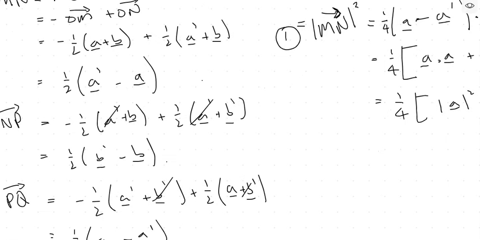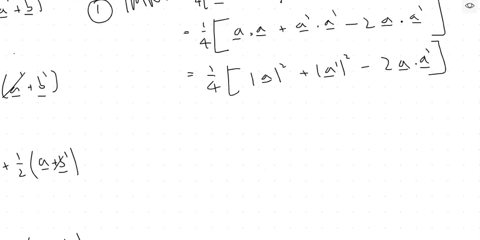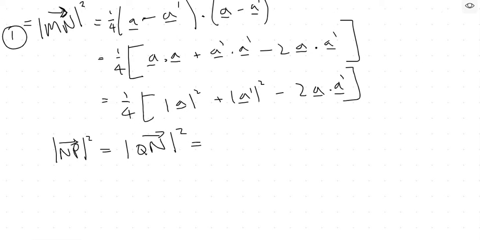So what else do we need? We've got NP and QM. So NP squared is the same as QM squared, and this is equal to a quarter of (B minus B dash) dotted with (B minus B dash).